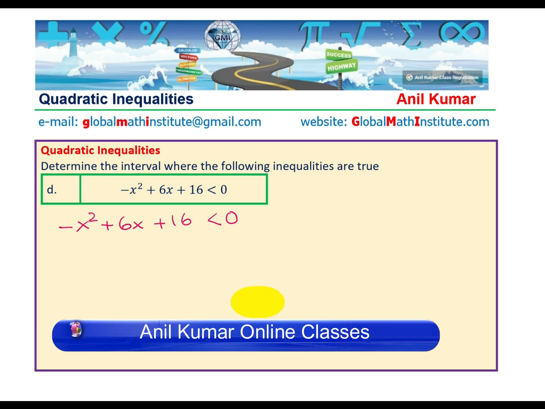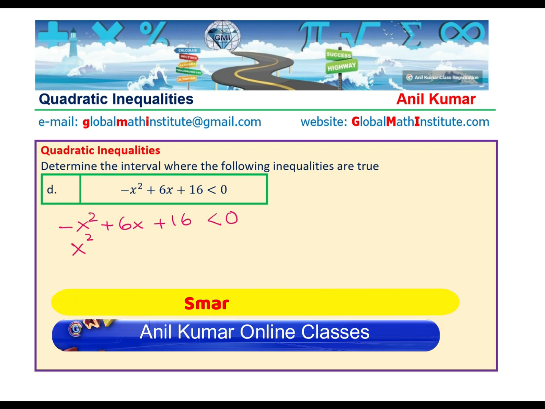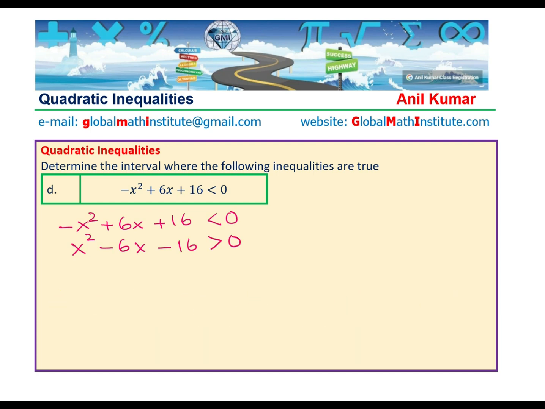In that case, the inequality sign will change. We could rewrite this as x squared minus 6x minus 16 is greater than 0. Do you see that? When you multiply by a negative number, the inequality sign also changes. 7 is greater than 5, but minus 7 is less than minus 5. Makes sense, right?